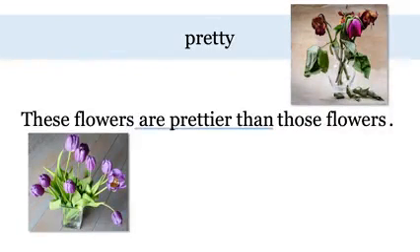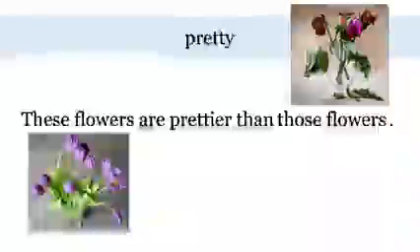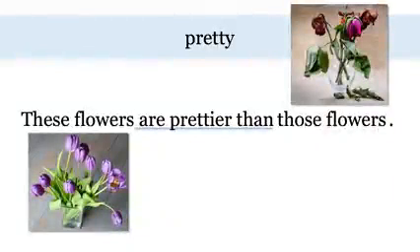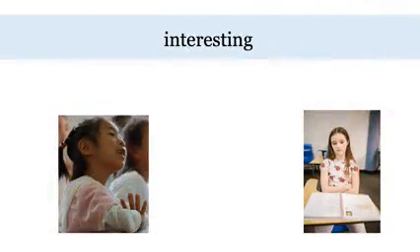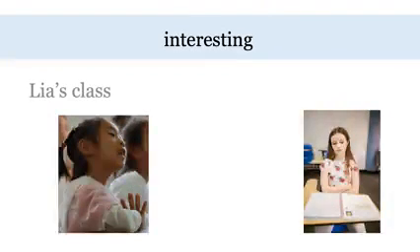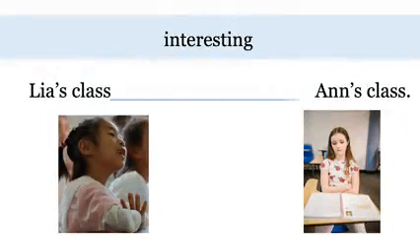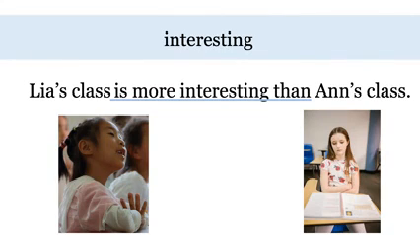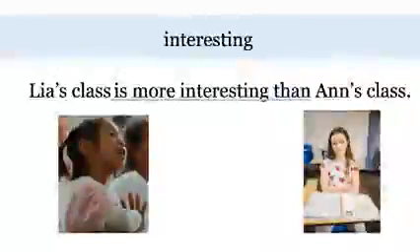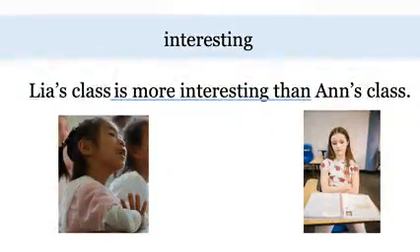These flowers are prettier than those flowers. Okay, last one. Interesting. We have two students in class. Leah's class and Anne's class. What goes here? Leah's class is more interesting than Anne's class. More because interesting is a long word.